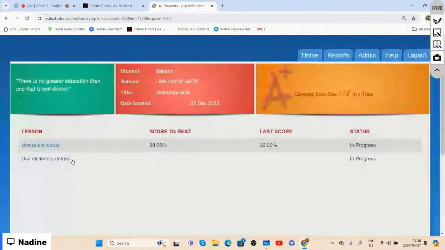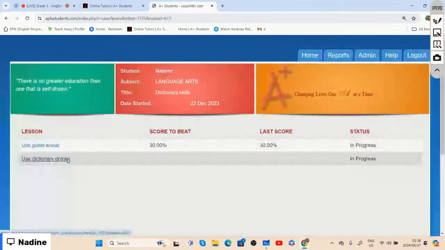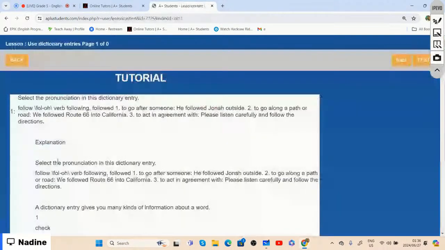All right, so now we're going to be using dictionary entries, right? As I said earlier on, when it comes to a dictionary, you will basically find your word and then they will tell you how to pronounce the word. Then they will say if the word is a verb, an adjective, a noun, or an adverb and so on.